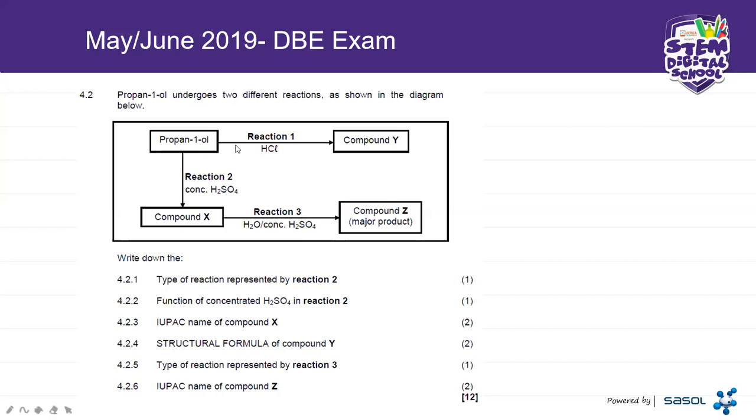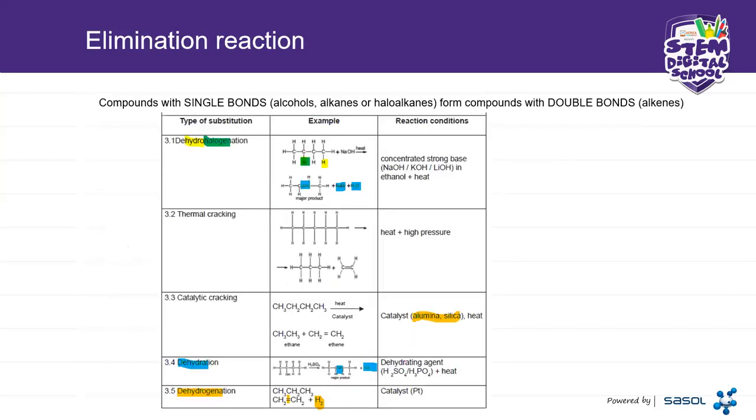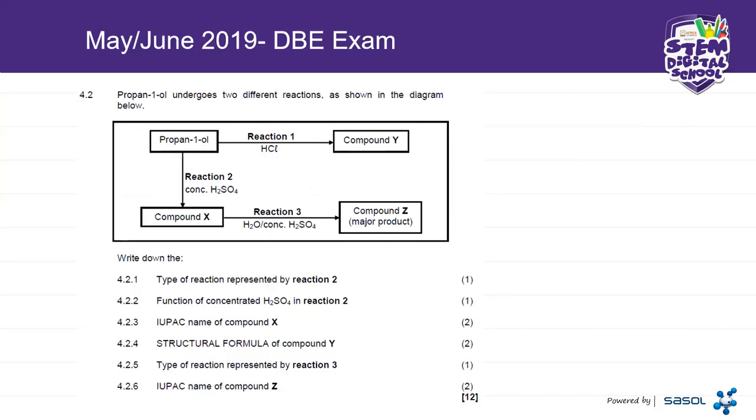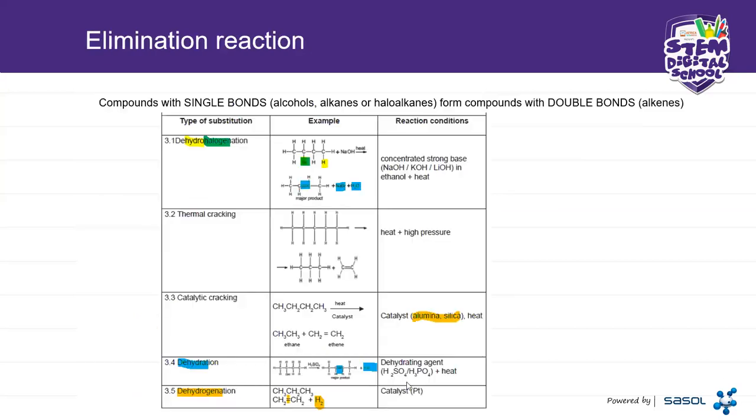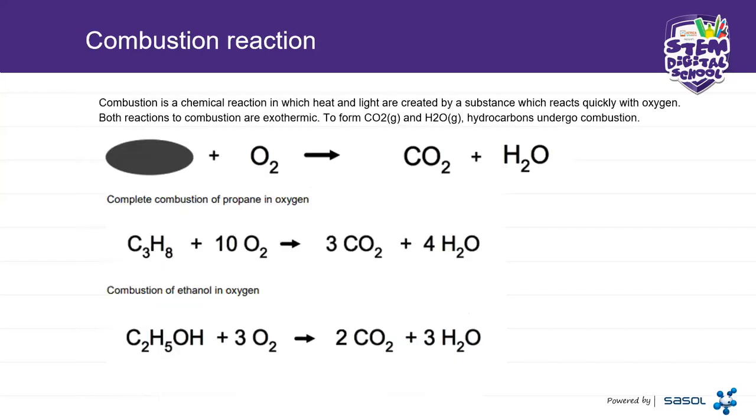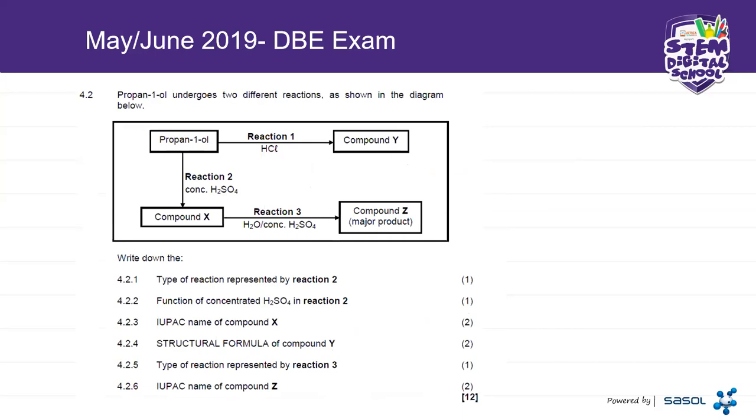Okay, so let's move and see. Okay, so here it says H2SO4. So reaction 2, when we check here on our dehydration, we have our H2SO4. So this is a dehydration reaction. Do you see, guys, how these things can come in handy?